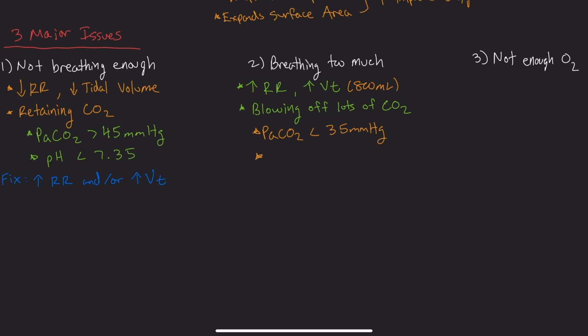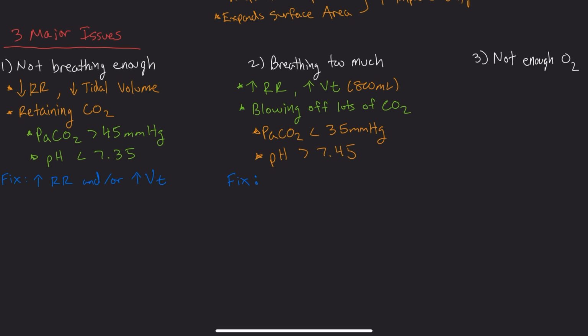And once again, we know CO2 acts as an acid, and by using our mnemonic, if there's low CO2, that means the pH is going to move more alkalotic, and alkalotic pH means it's elevated above 7.45, right?